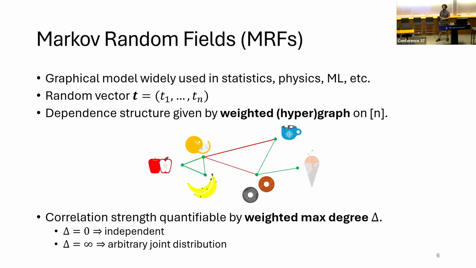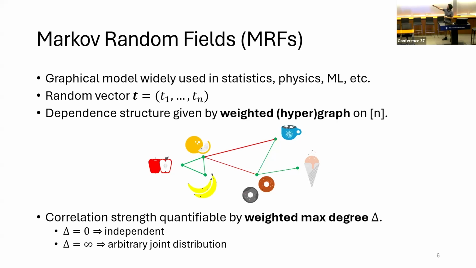So for instance, if we imagine a buyer whose valuations on different items are represented by these MRF entries, we might imagine that the underlying hypergraph looks something like this, where similar items like these fruits over here have edges that induce positive correlations between their values, and dissimilar items like an orange and a cup of coffee have edges that induce negative correlations.